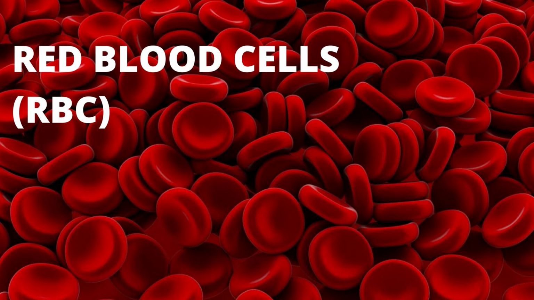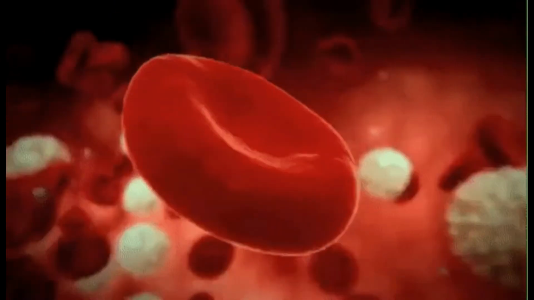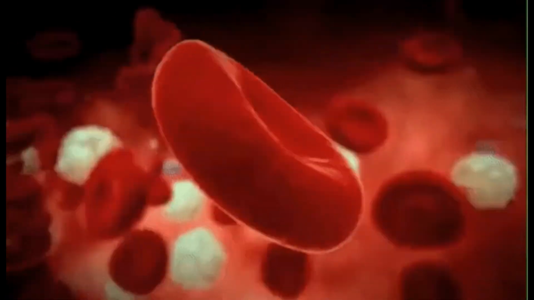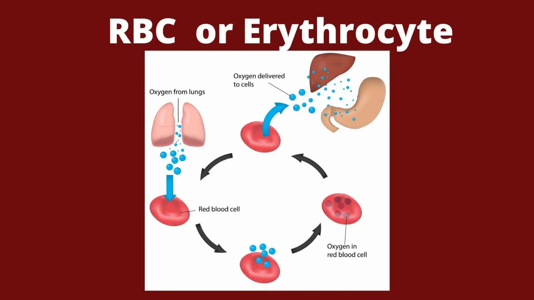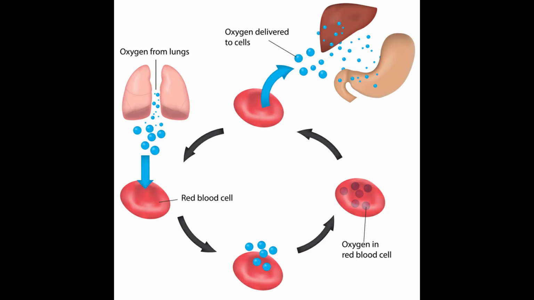What about the red blood cells? Red blood cells, or RBC, are also known as erythrocytes. The function of RBC is to deliver oxygen and nutrients to the different parts of the body.